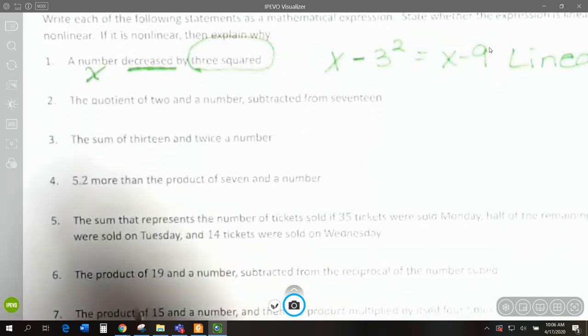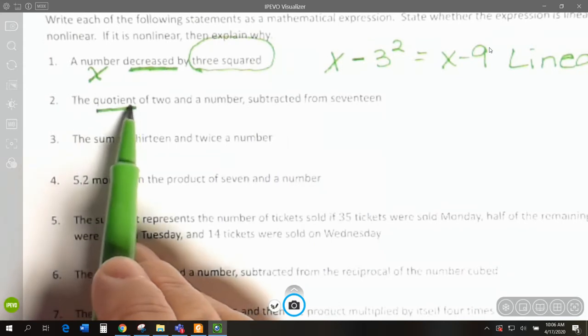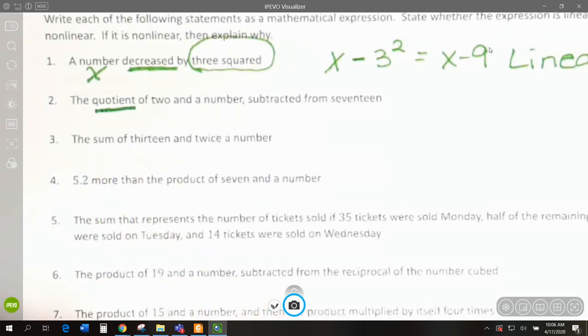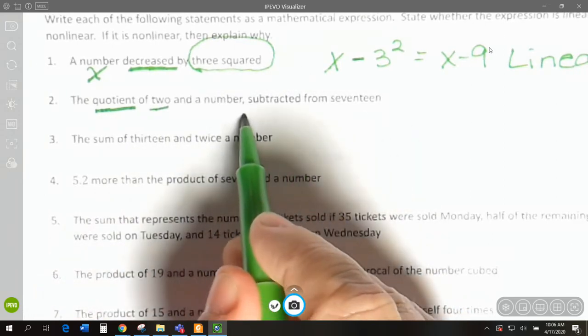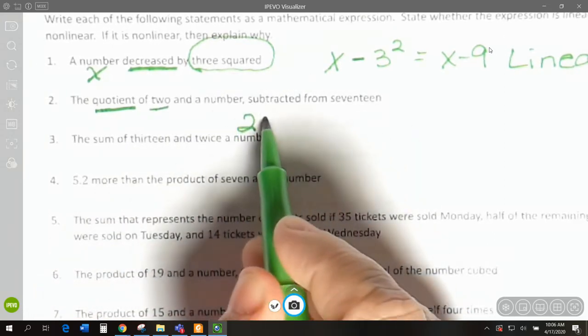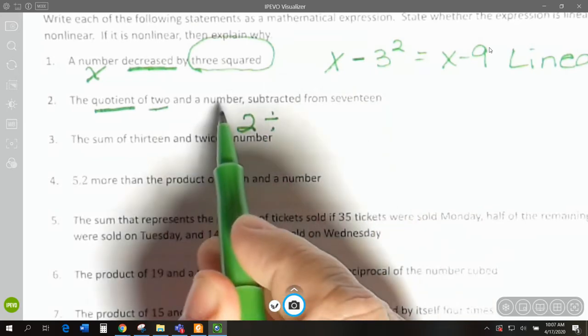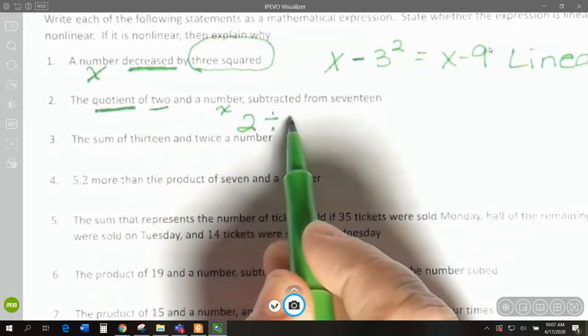Number 2, the quotient. Remember, quotient is division of 2. So we're going to have 2 and a number. Do we know that number? So we're going to call it x. 2 divided by x.